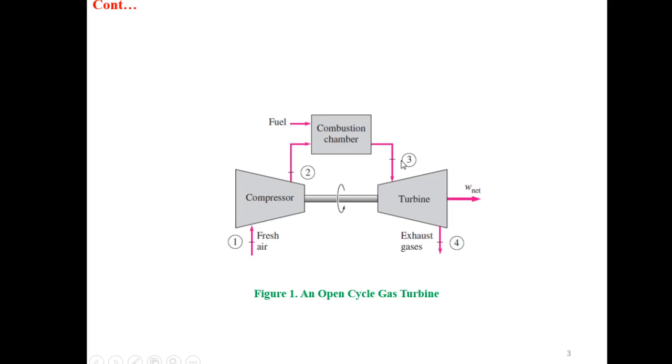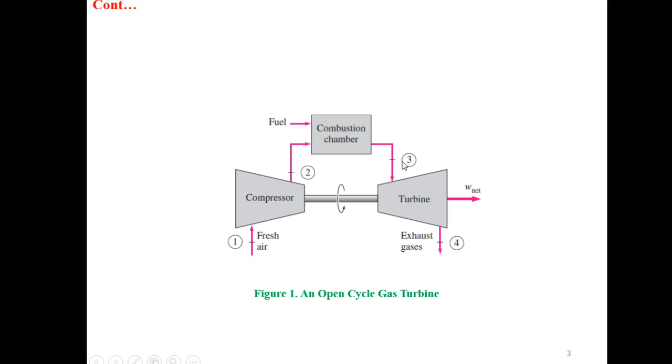So at point 3 we get gases having high pressure and temperature greater than at point 2. So from 2 to 3 there is heat addition at constant pressure.